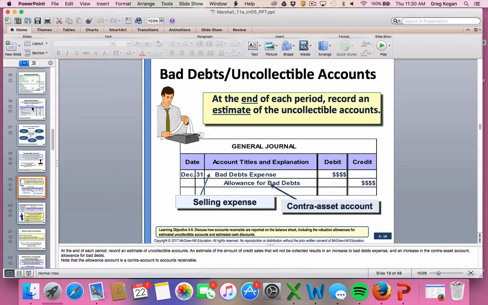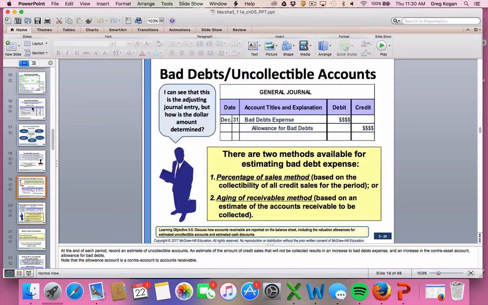The allowance for bad debts is a contra asset account that reduces the balance of the accounts receivable at the end of every period. And the bad debt expense appears as an expense on the income statement. And this is something that we're going to do an example about as well.